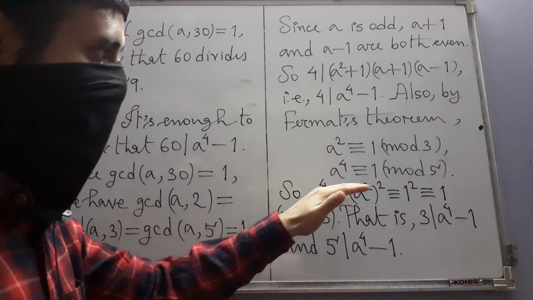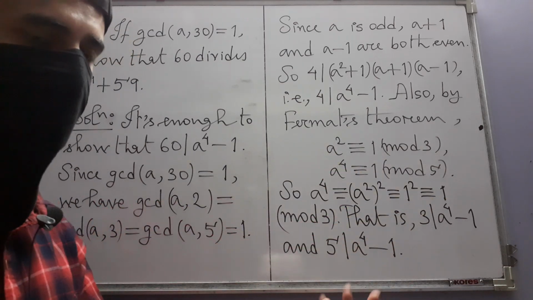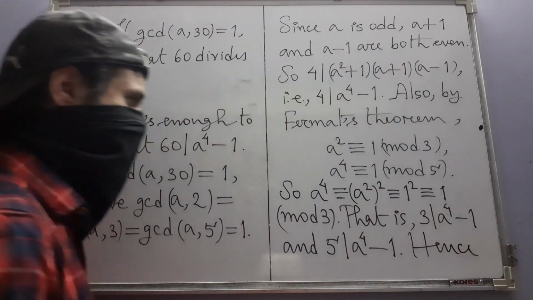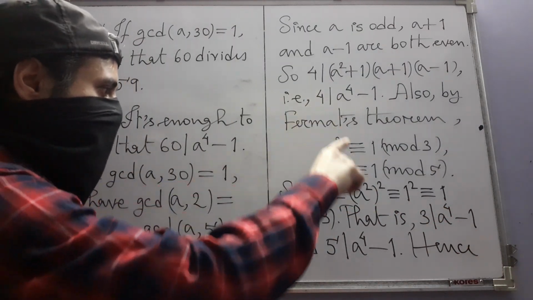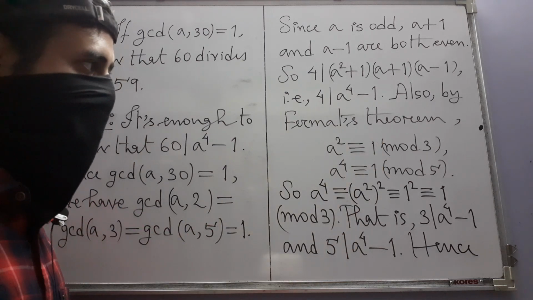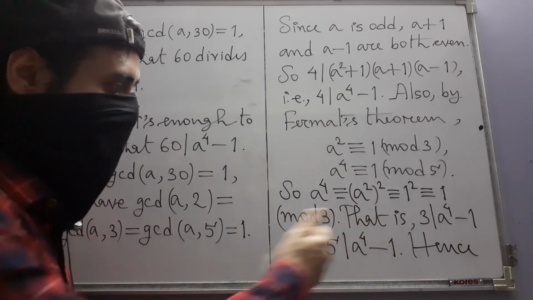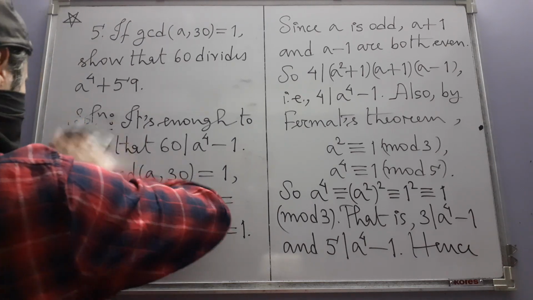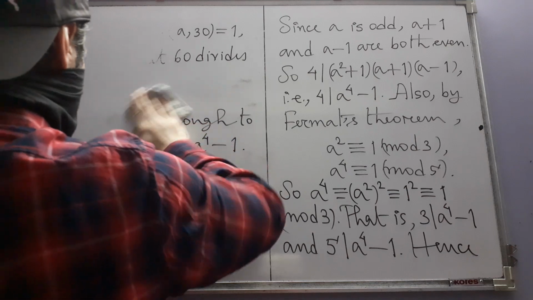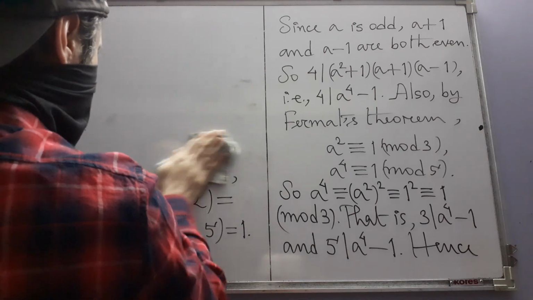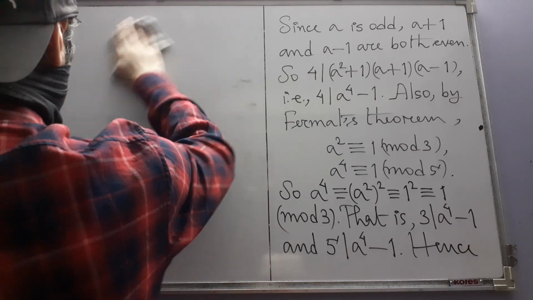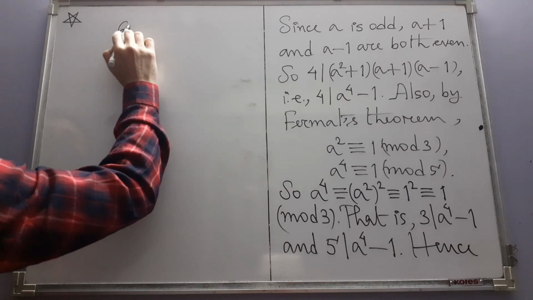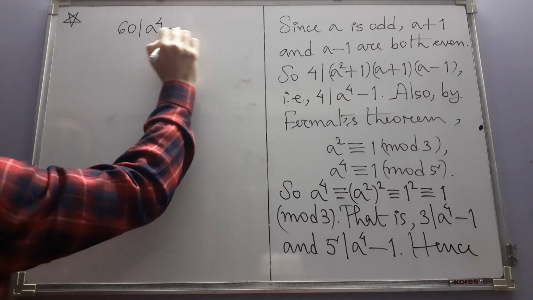But for the other factors which are prime, we can apply Fermat's theorem. So their product, the product of 4, 3 and 5, which is 60, also divides this. And that's what we wanted to show.